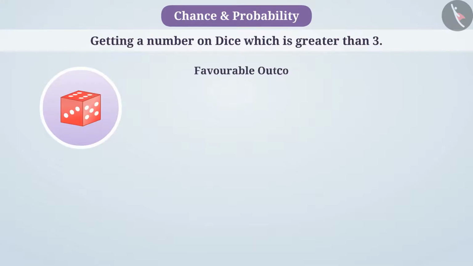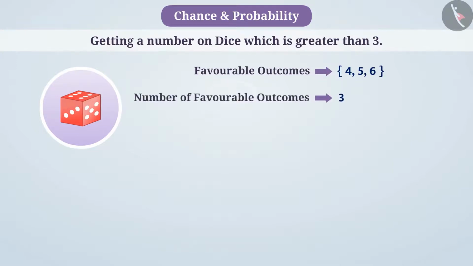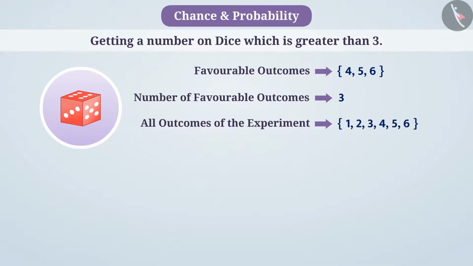Here, favorable outcomes are 4, 5 and 6. In this way, there are 3 results of the occurrence for the event of getting a number greater than 3. But any number 1, 2, 3, 4, 5 or 6 can come up in this experiment. So, here the total outcomes are 6.